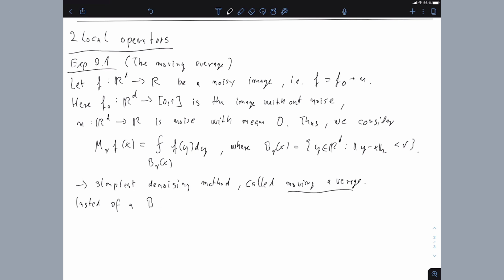So instead of a ball in the Euclidean norm, which is just this 2-norm, we also consider other norms.